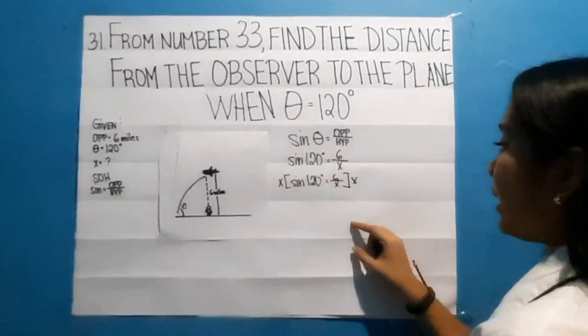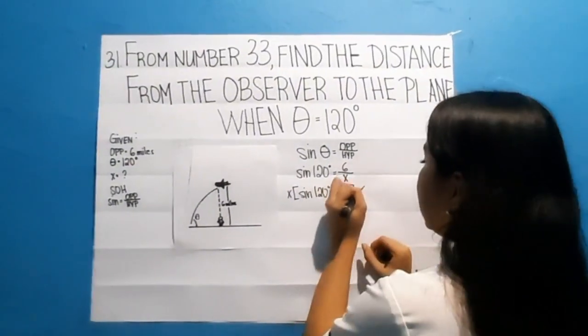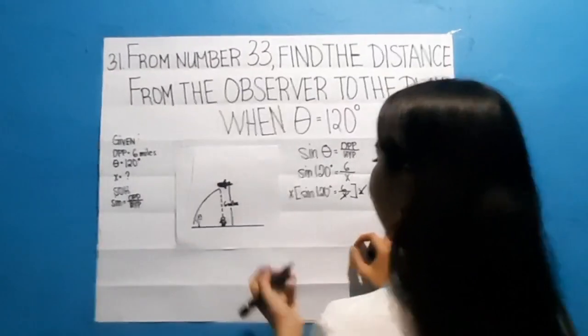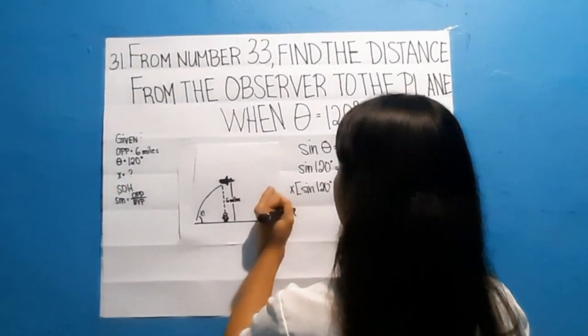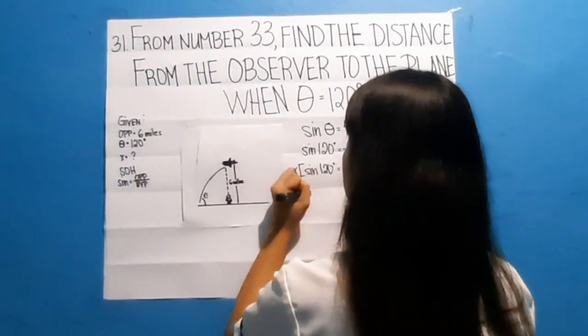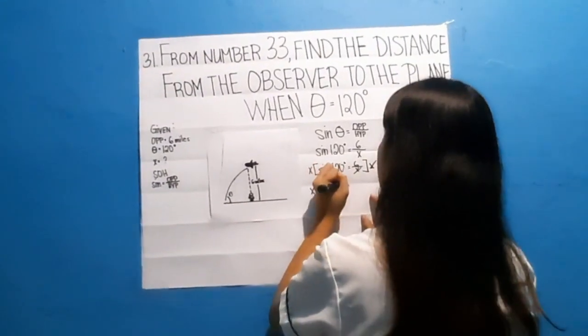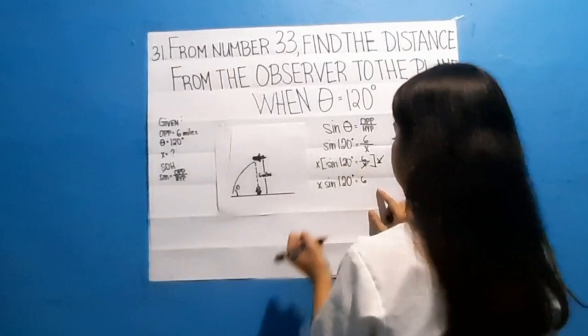So we will cancel the x on the right side and the x in the denominator. We are left with x sine 120 degrees equals 6.